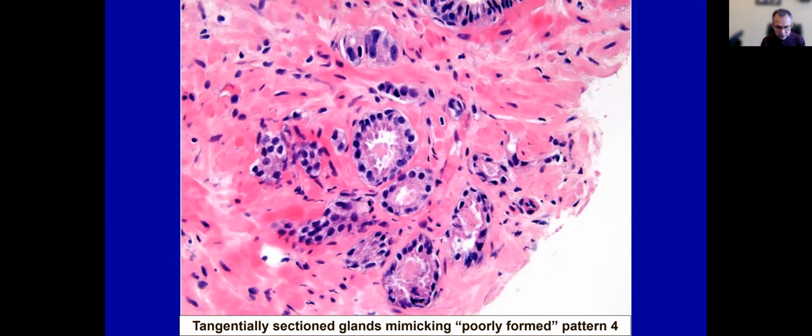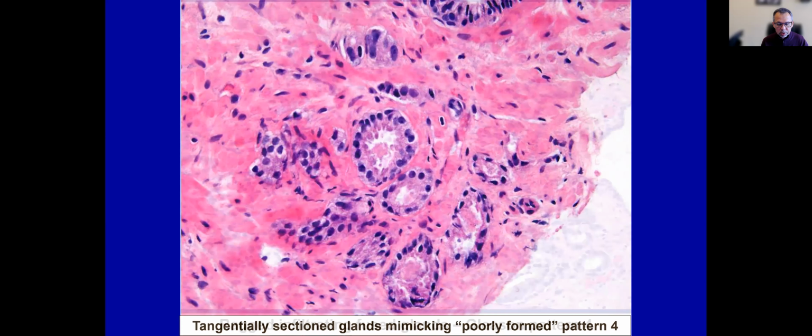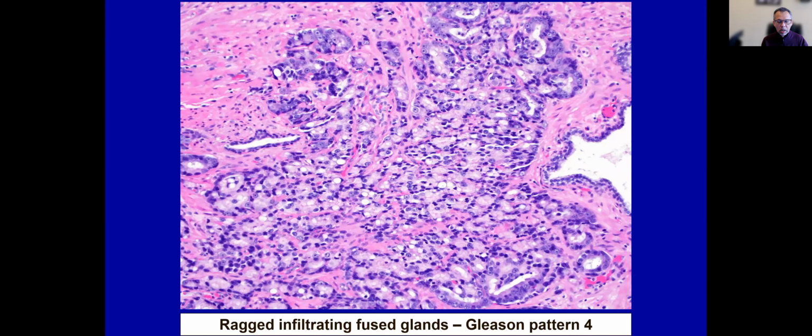Number one, when the cancer focus is very small, don't overinterpret a few poorly formed glands as pattern 4. When you have poorly formed glands immediately adjacent to well-formed glands, it's invariably due to tangential sectioning. In those situations, again, you do not want to call that Gleason pattern 4.